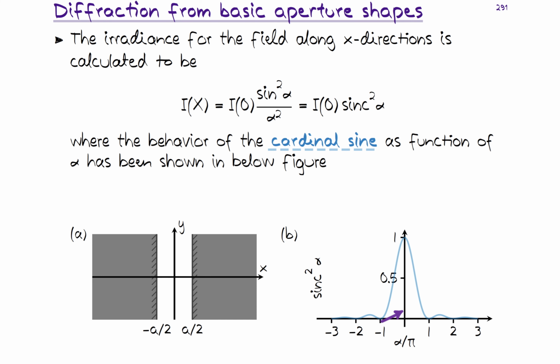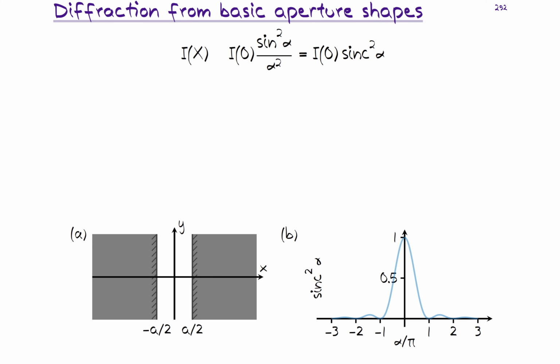So in a way, physically, we could understand that less diffraction would take place. And if we make the slit narrower, then the cardinal sine function actually gets broader. So there is this kind of inverse proportionality between these two variables.